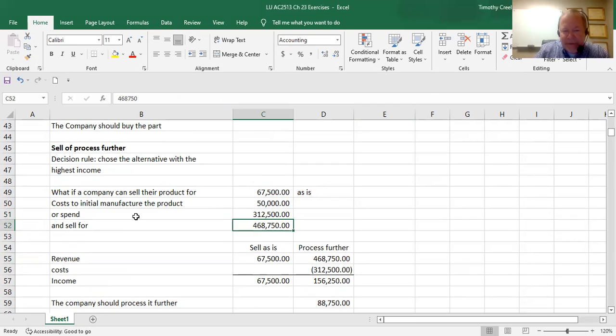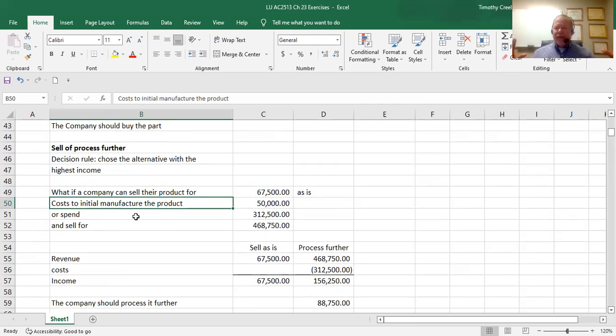Now, whatever was spent to initially develop the product, to take it to the point where you can sell as is, or spend more money, develop it further, and sell it at a higher price, is not part of the equation. The reason is that this is a sunk cost. This is money that's already been spent, and it does not matter because it would be part of your cost whether you sell as is or process further.